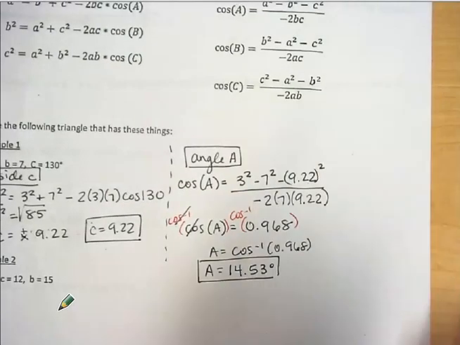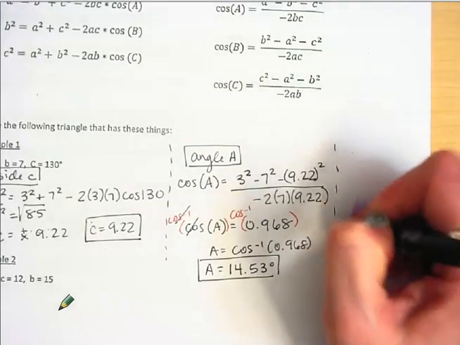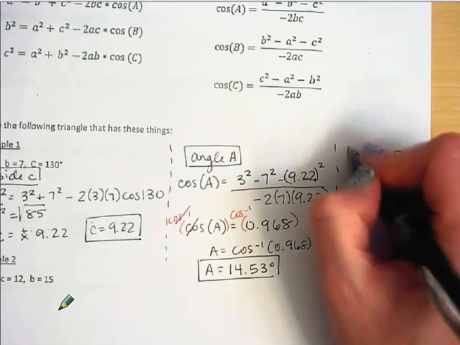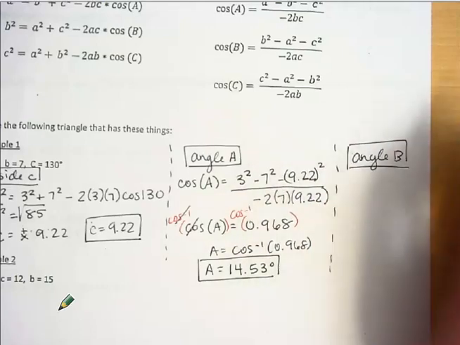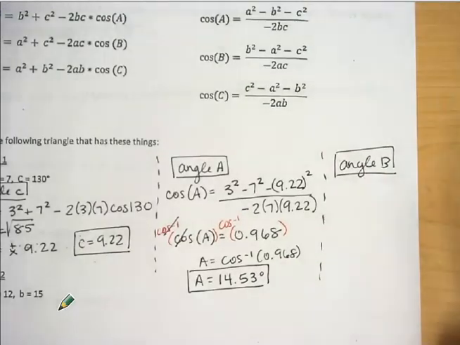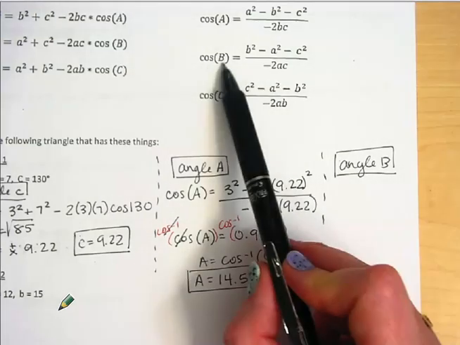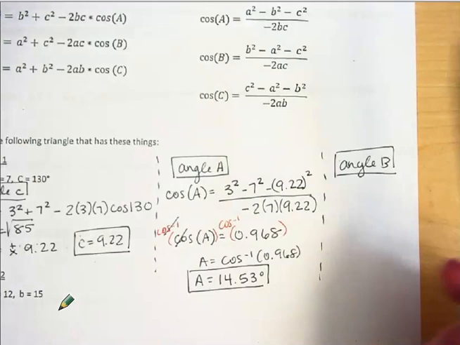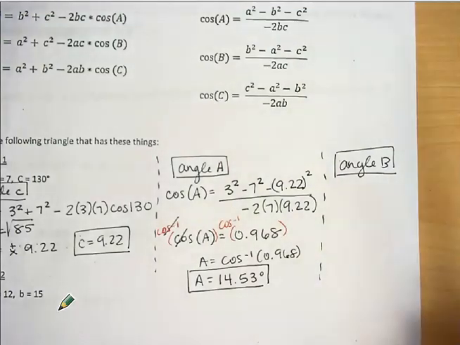And then for angle B, we have 2 options. The first option is not my preferred option, but it's also not a wrong option. You can use this formula now to solve for cosine B, or you can remember that all 3 angles of a triangle add up to 180.